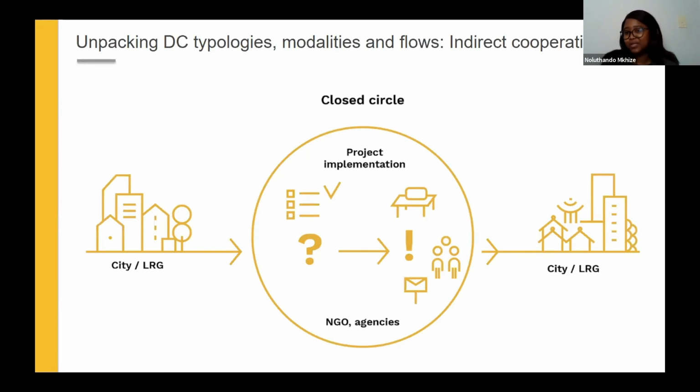So you might be asking yourself, what is delegated cooperation? It means that bilateral agreements are managed by third actors or with organizations or agencies such as the United Nations. Next slide, please.